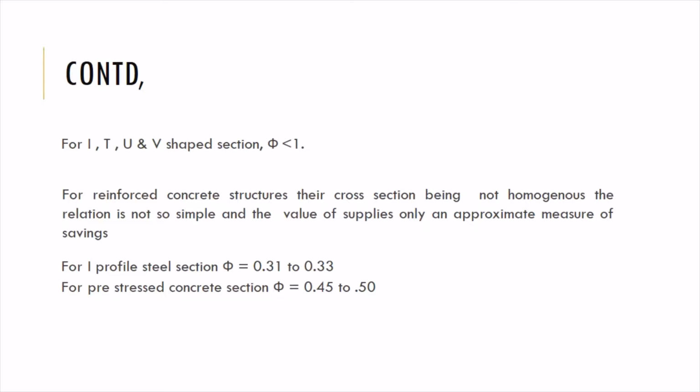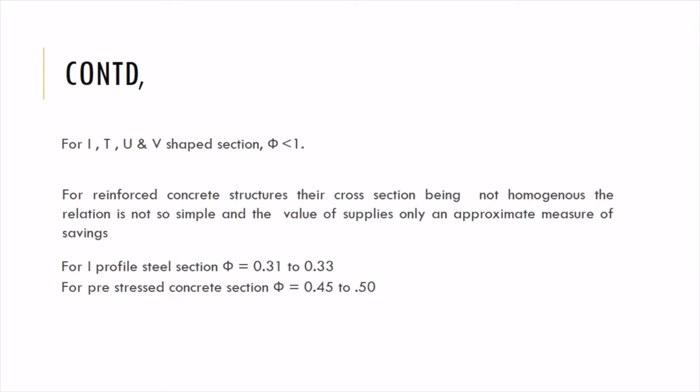So these I, T, U or V sections are more economical when comparing with the rectangular one, either homogeneous or composite. Here they are mentioning that reducing the sizes does not affect the load carrying capacity, but it also minimizes the area, and by that we can restrict the cost of the prefabrication.